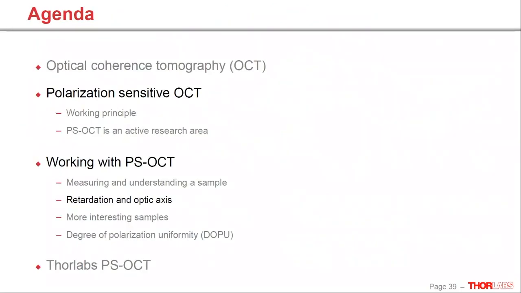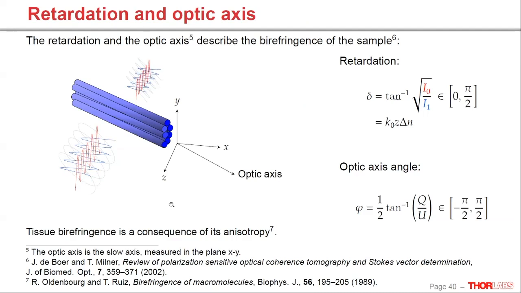So we can introduce two other parameters that are well known for birefringent materials, and that is retardation and the optic axis. The retardation and the optic axis describe the birefringence of the sample, and we can use the intensity of our two detectors or the Stokes parameters to compute these two to describe the properties of our sample.